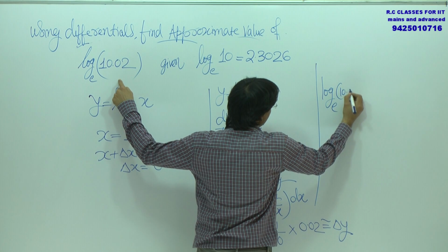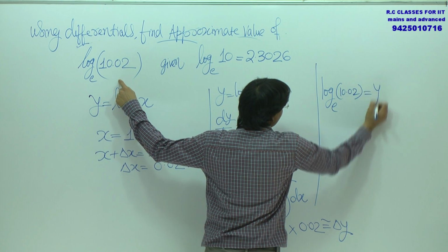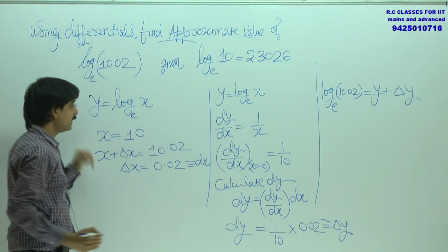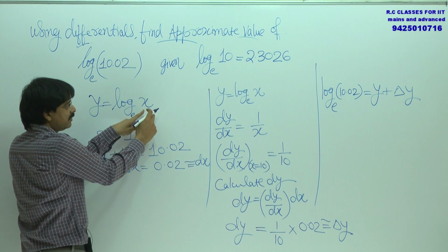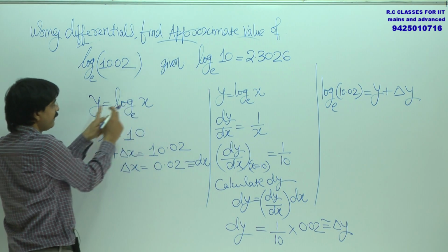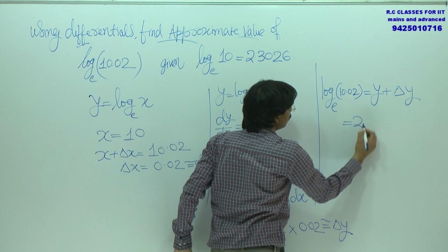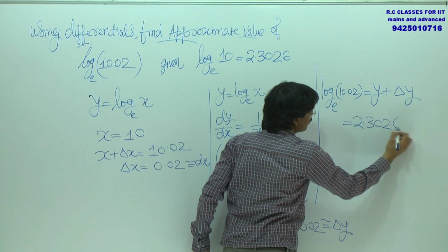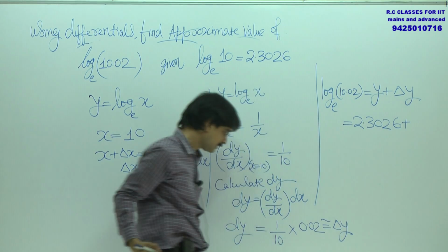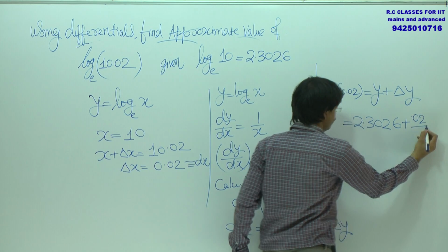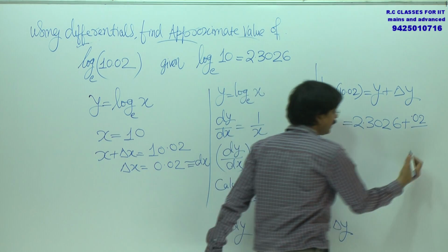So to calculate log 10.02, that will be equal to y plus delta y. So clearly for x equals 10, the value of y given to you is 2.3026 plus that delta y, 0.02 divided by 10.